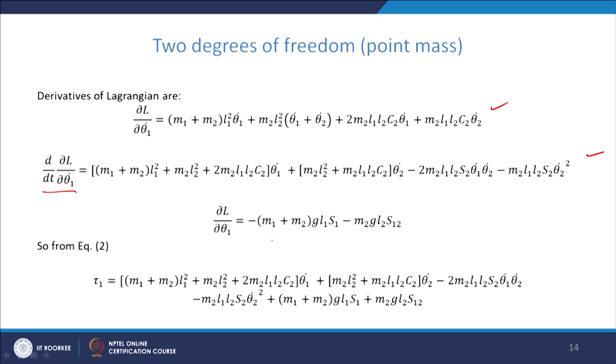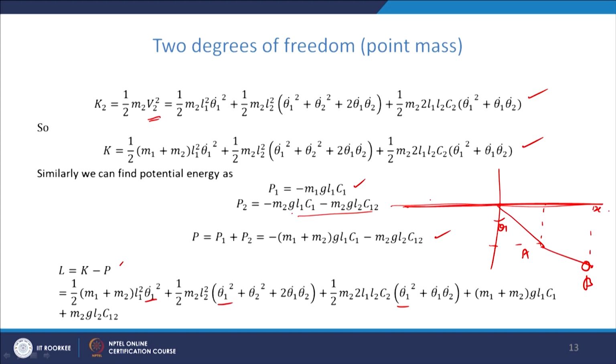And del L by del theta 1: it is independent of theta wherever only theta 1 dot appears. So, here the derivative with respect to theta 1 of the first term is 0 and the second term is also 0. Theta 1 appears in this term, cos theta 1, so we have to differentiate this term, and here cos of theta 1 plus theta 2 can also be differentiated.